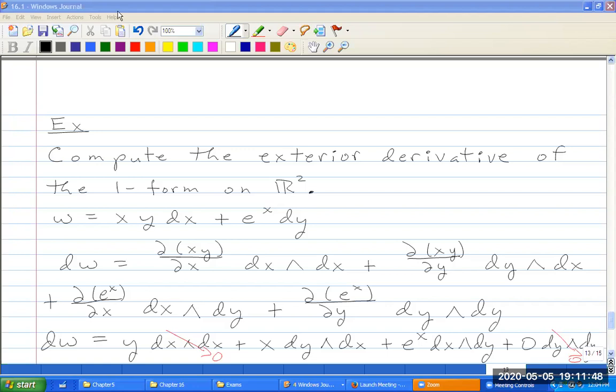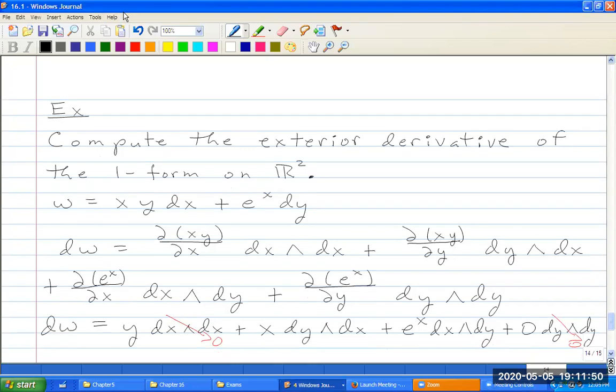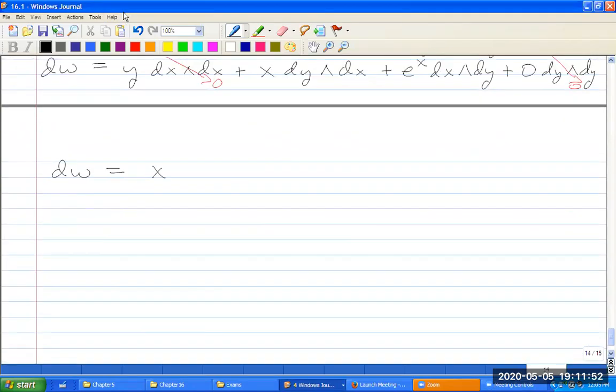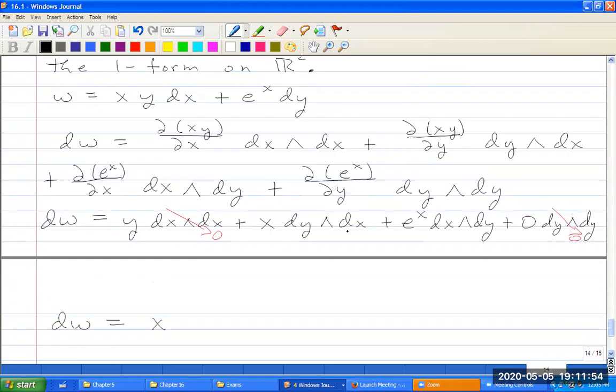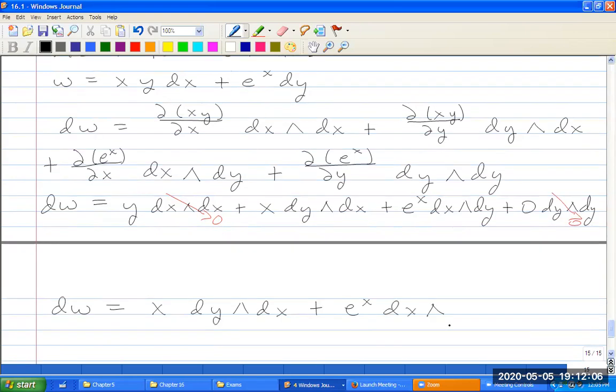Okay, so that's 0. So this is dy wedge dx plus x dx wedge dy.